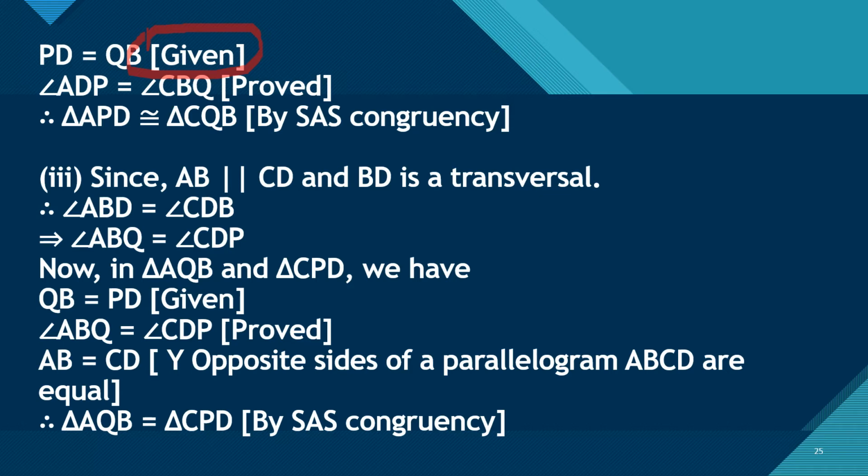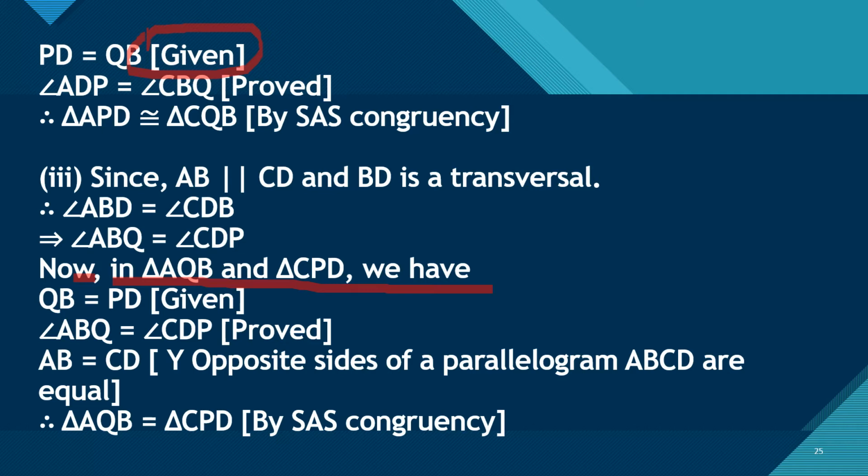Now the third part. Since AB is parallel to CD and BD is a transversal, therefore angle ABD is equal to angle CDB, that is angle ABQ is equal to angle CDP. Now in triangle AQB and triangle CPD, we have QB equal to PD, which is given.